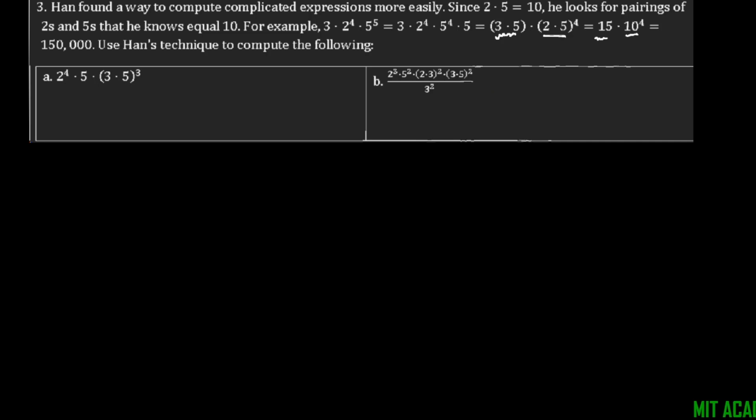We're going to say we can break this apart or group this again. So we're going to say, let's do it like this. Let's say this is going to be equal to, and so I have 2 to the 4th power times 5 to the 4th power times 3, which is the same as 10 to the 4th power times 3 to the 3rd power.